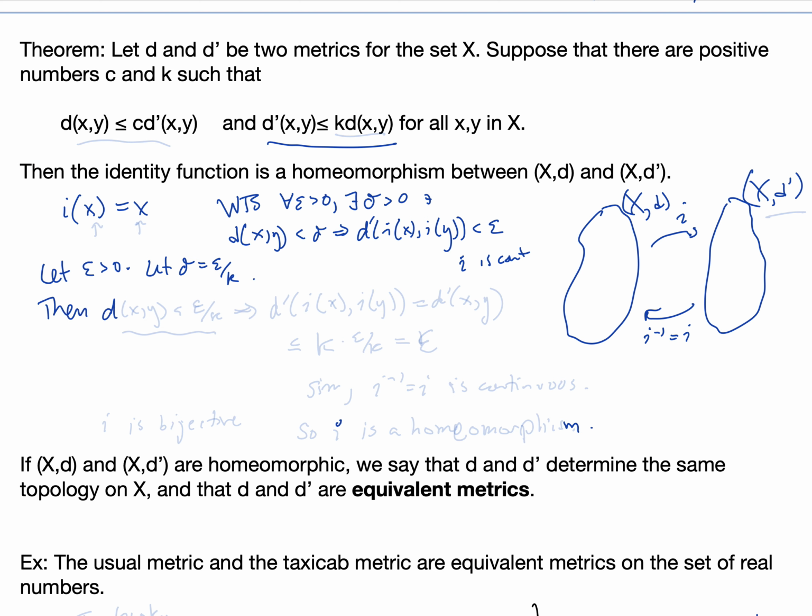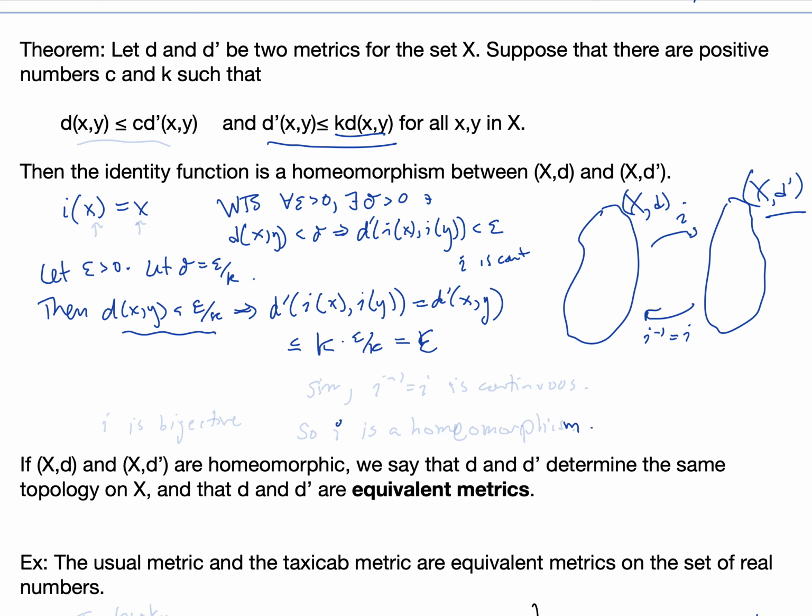Then, if d(x,y) is less than epsilon over k, that tells us that d prime(I(x), I(y)), which is d prime(x,y) since the identity function on x is x and on y is y, is less than or equal to, according to this, k times epsilon over k, which is epsilon.